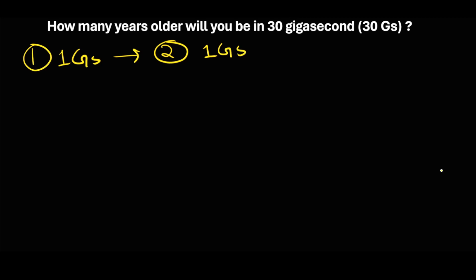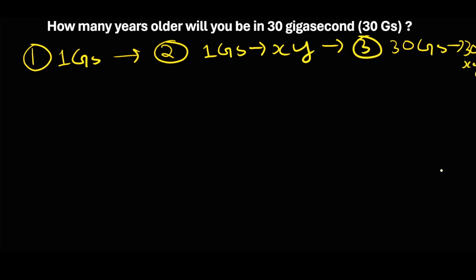Thirdly, we'll just multiply our answer by 30. Then we'll know how many years would have passed in 30 gigaseconds. So let's do just that and use dimensional analysis for this.